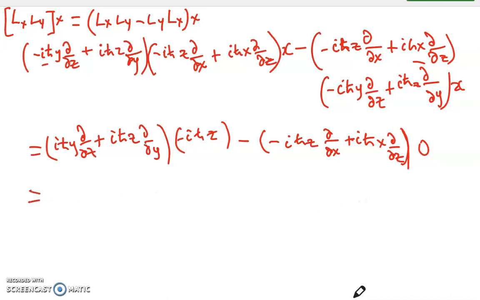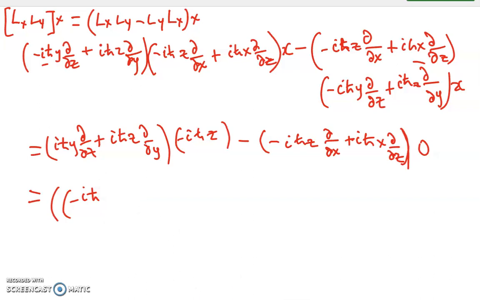Therefore, we will end up with negative i h cross, negative i h cross squared y.